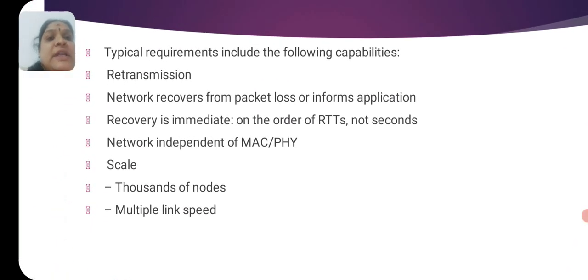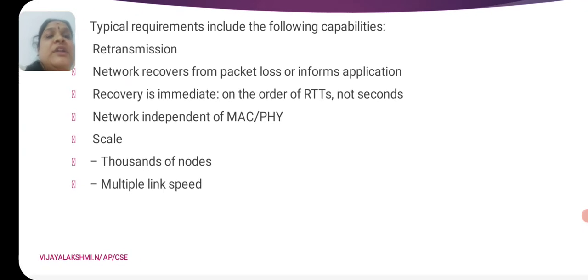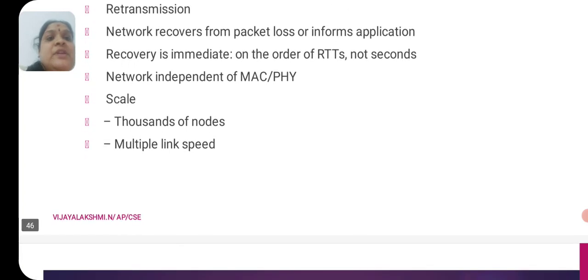And what are the typical requirements we need? Retransmission should be done. If there is a loss in data, it has to retransmit immediately. That's what the network requires from packet loss, or it informs the application. Recovery should be immediate.